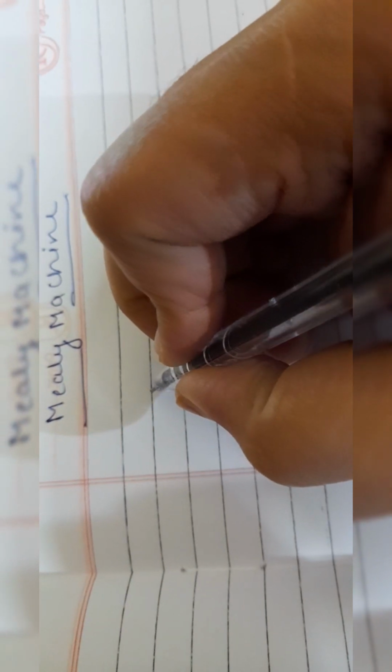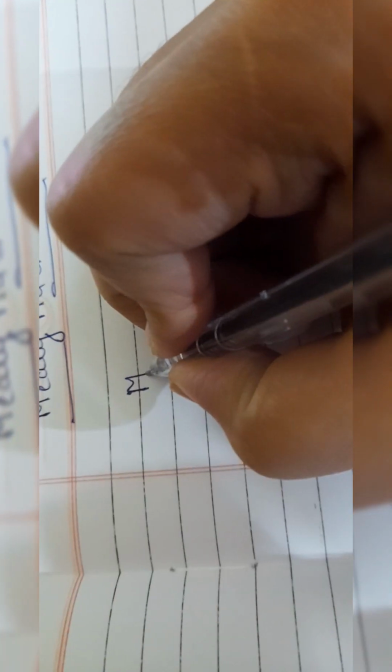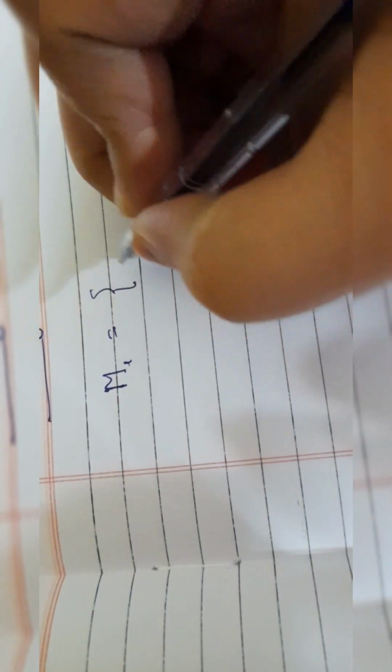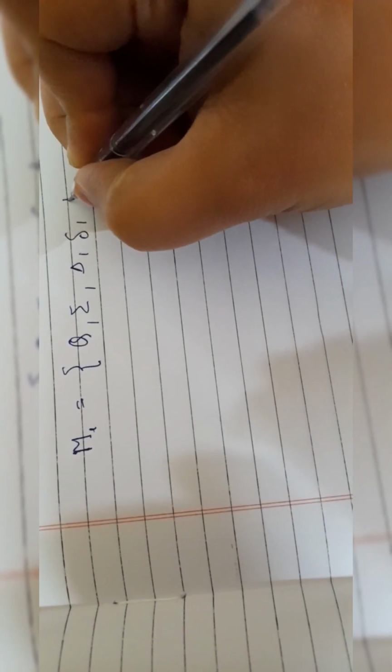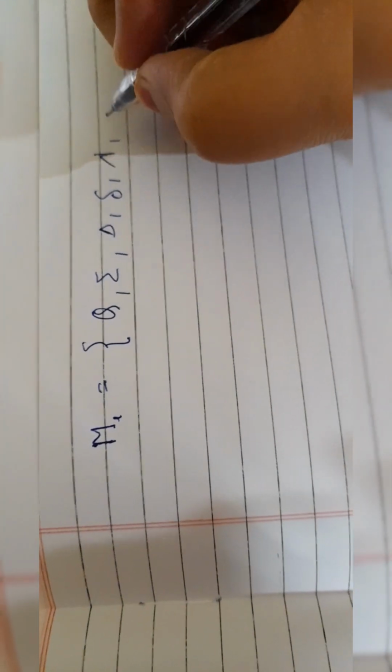Just like Moore machine, Mealy machines are also the same. They are finite automata with output, and they have six tuples: Q, delta, sigma, lambda and q naught. And these symbols have their own functions.